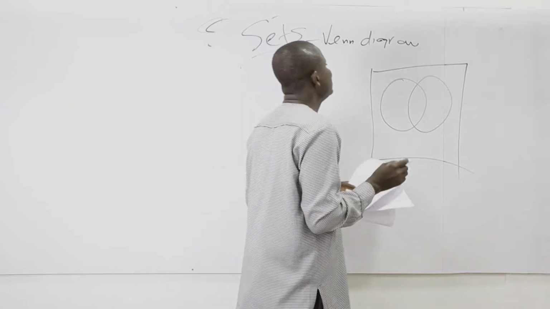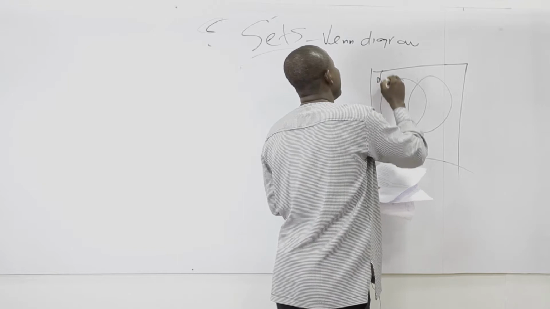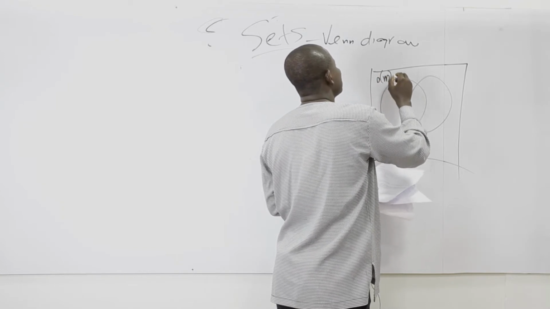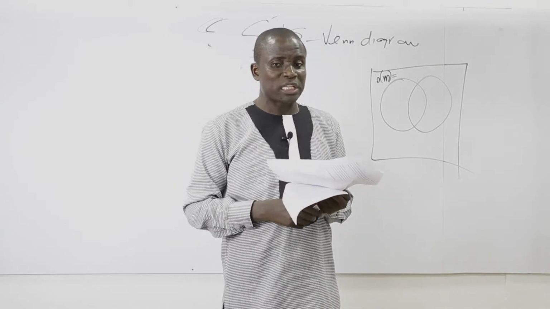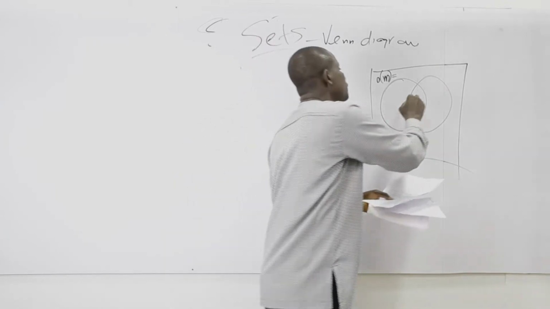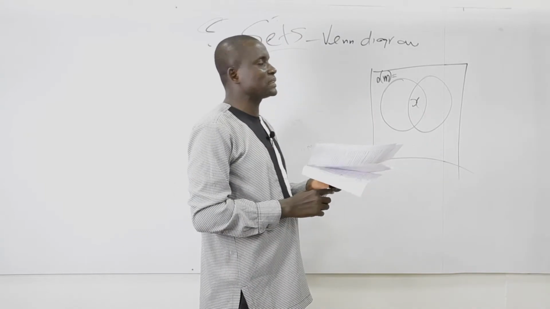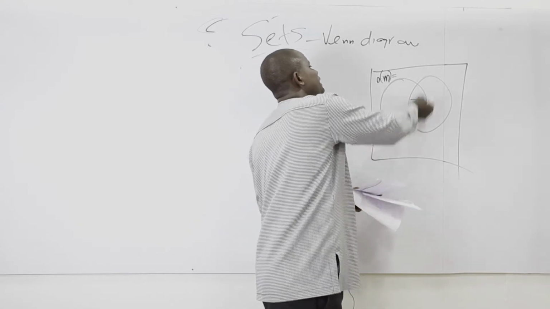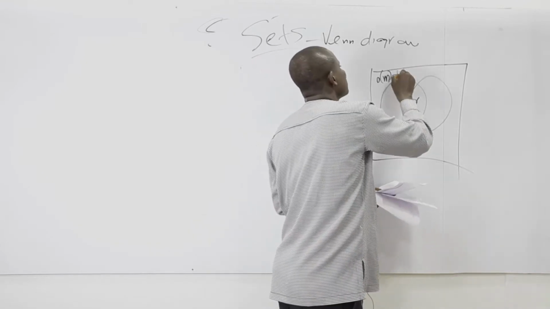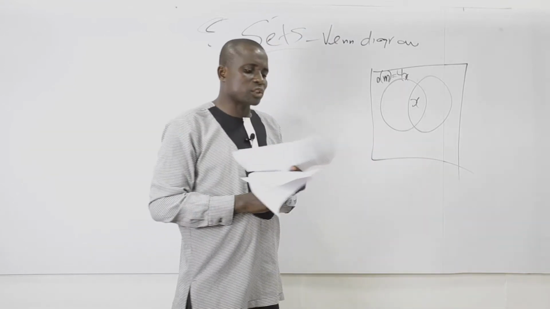So we have to know the both-subjects region first, which is here. If that place is x, then the entire mathematics is 4x.